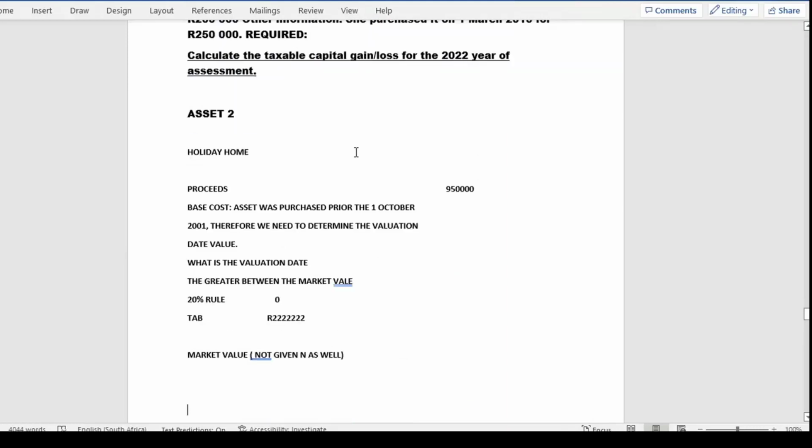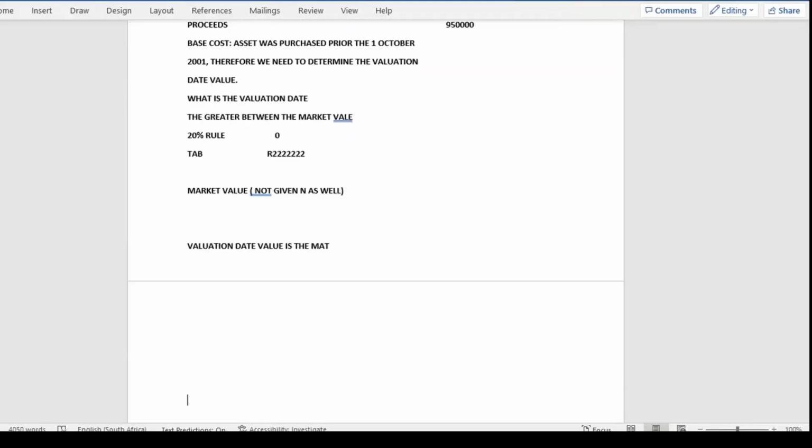So you can further say valuation date value is the market value plus improvements made on the holiday home.